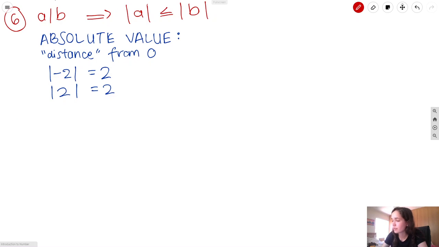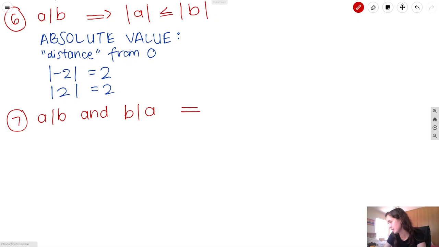Okay, for the seventh property, we have that if a divides b and b divides a, this implies that a will be equal to plus minus b. You can try to solve this on your own. You have to use the sixth property.